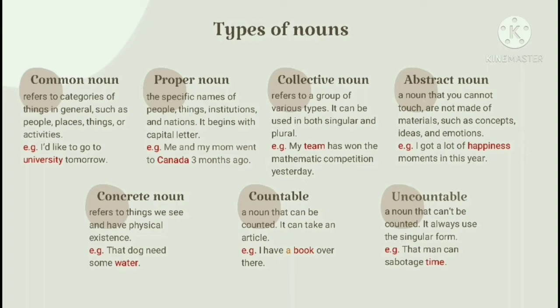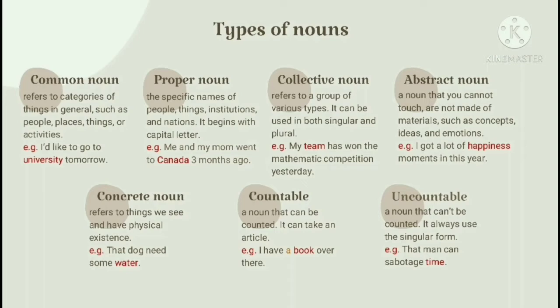Next, the fourth type is abstract noun. Abstract noun refers to concepts, ideas, and emotions. Abstract noun is noun that you cannot touch and they are not made of materials.